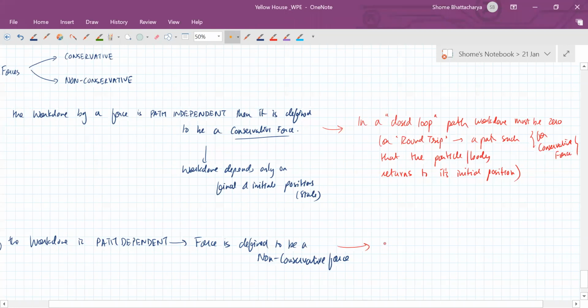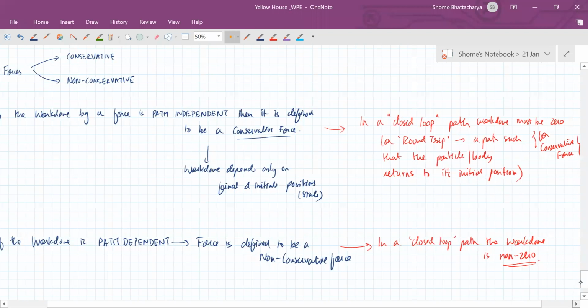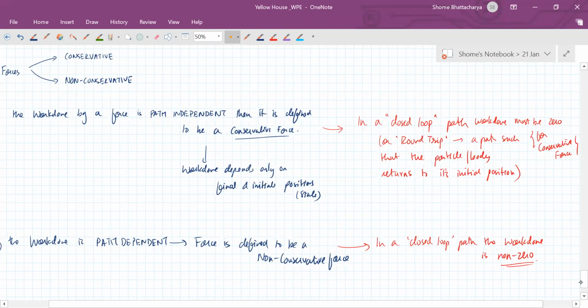Whereas in the case of a non-conservative force, in a closed loop path, the work done is non-zero. So this secondary condition is also equally important to understand the difference between conservative and non-conservative forces. So make a note of this, please.